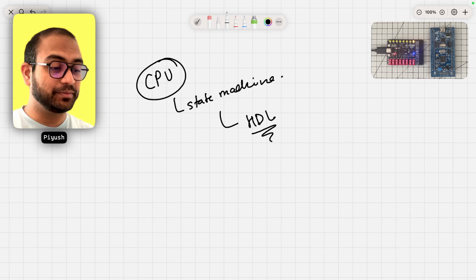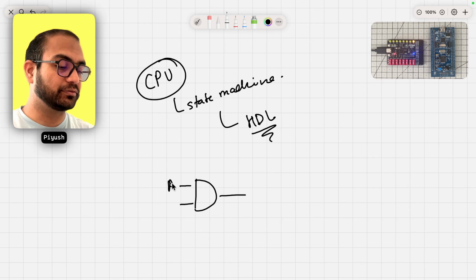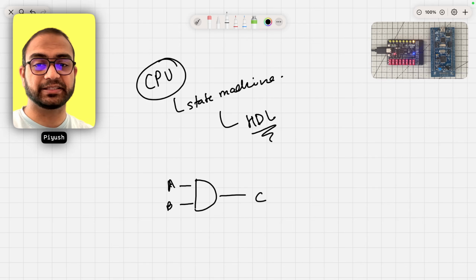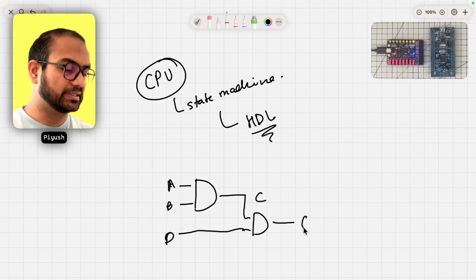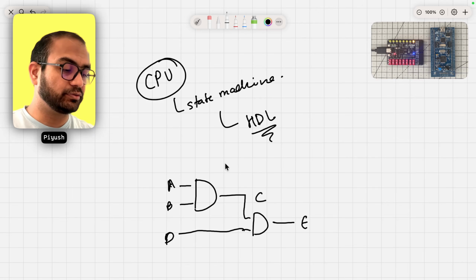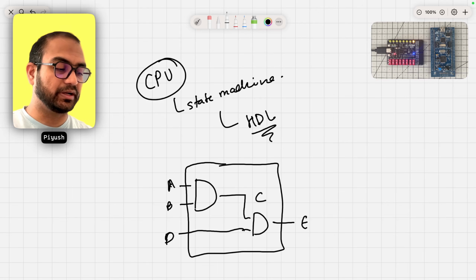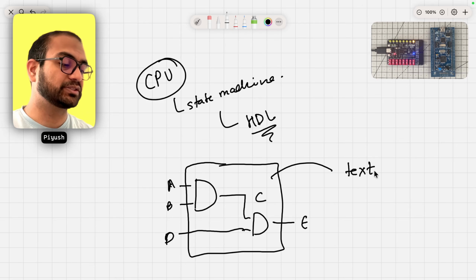We'll talk about this later in detail, but imagine that you have this circuit. You have A, B, and C, let's say, and let's make it a little more complicated. HDL means you take this hardware circuit and you describe it in a text format.